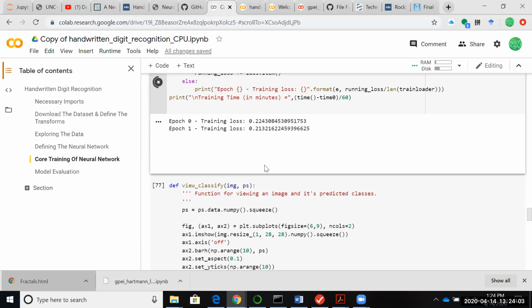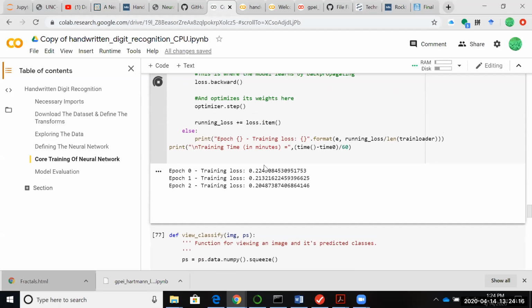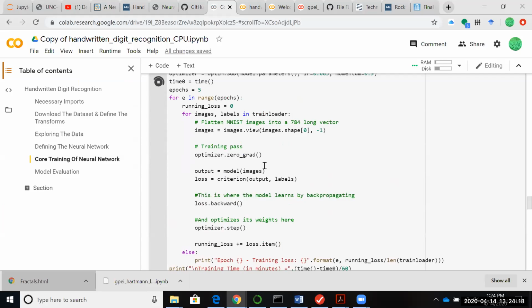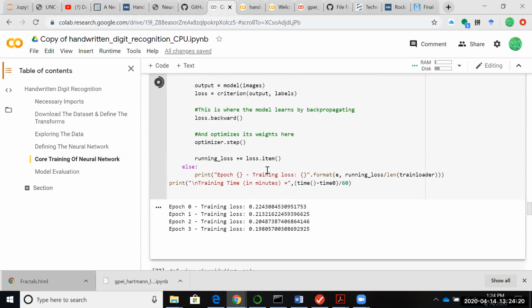Did anyone else get an error when they were trying to show the images with the predicted output? You got an error? Yeah, it said view classify wasn't defined. You might need to go to runtime and just rerun the entire notebook.